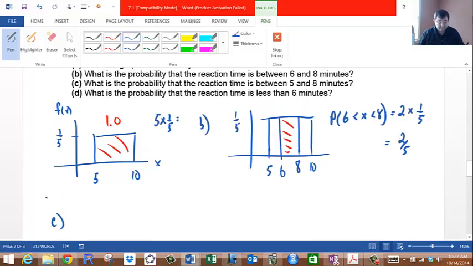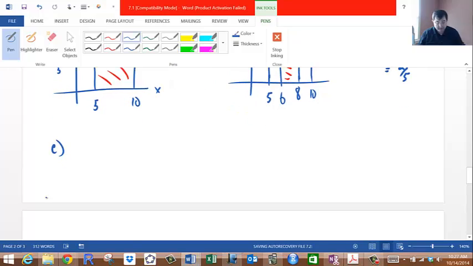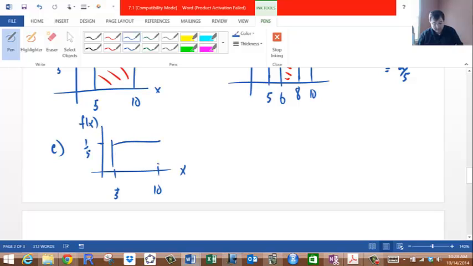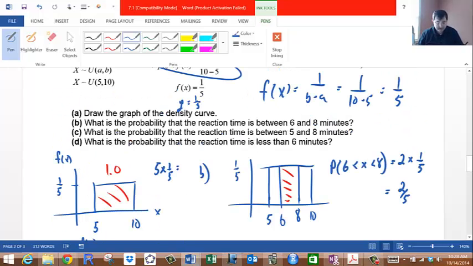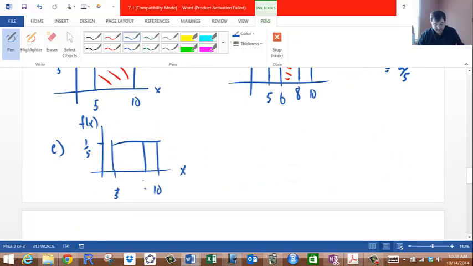All right, C. 5 to 8 minutes. So you know what's going to be going on here, right? Same thing. 5 to 10, density 1/5. So C says 5 to 8.